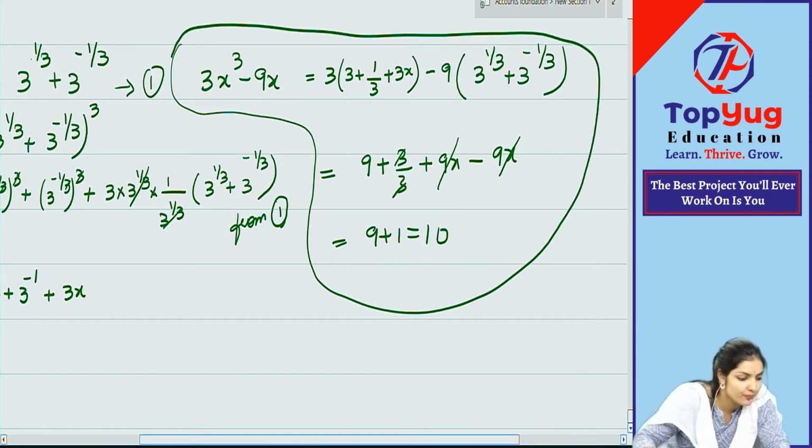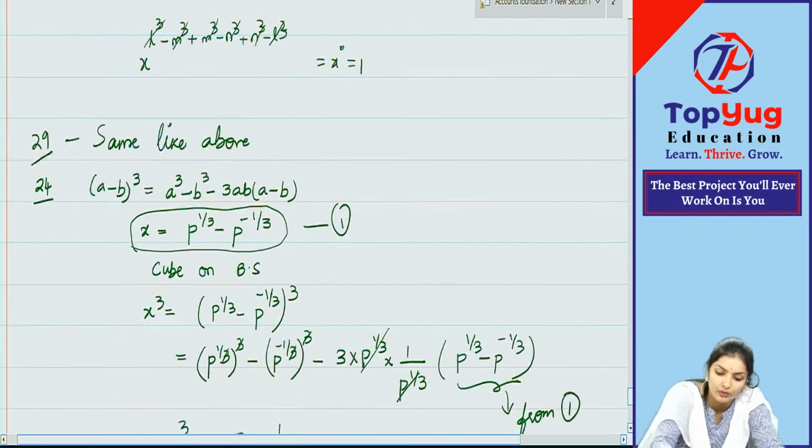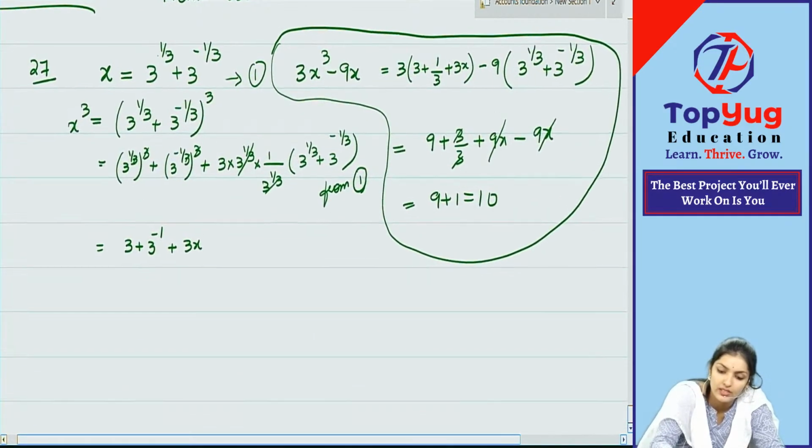So what is the option? B. Now you can copy down 27th one. It's very easy.